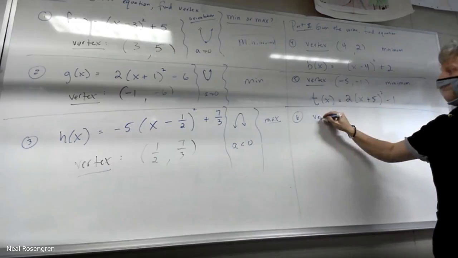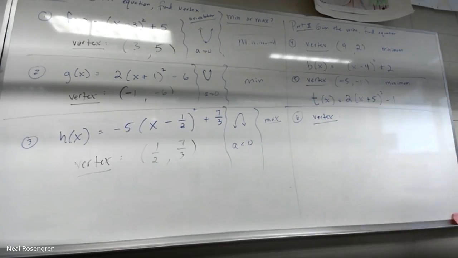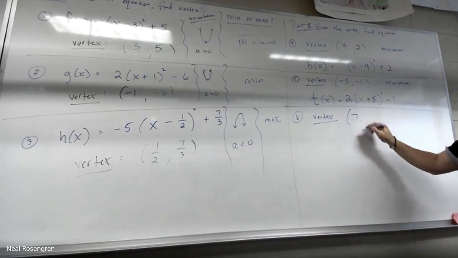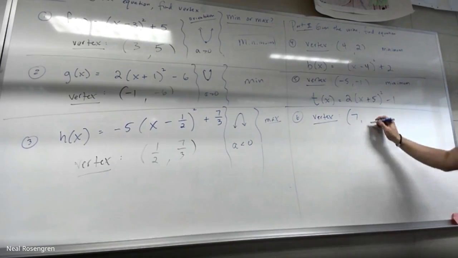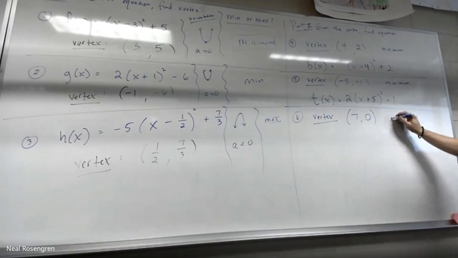All right, vertex. 7, 0. And it's a maximum.